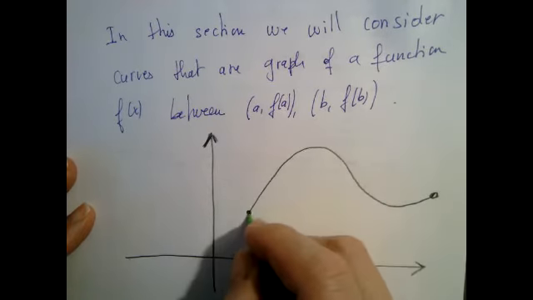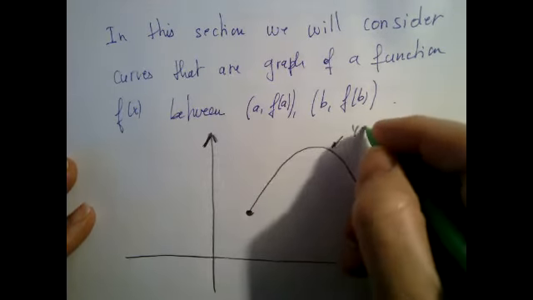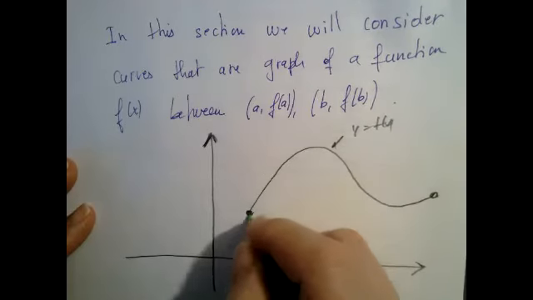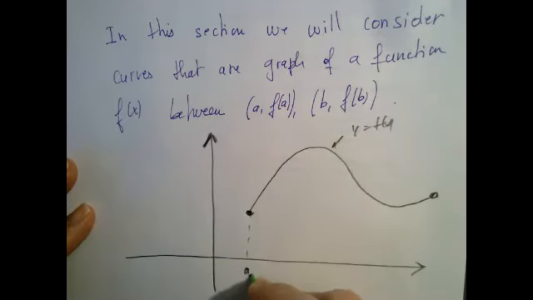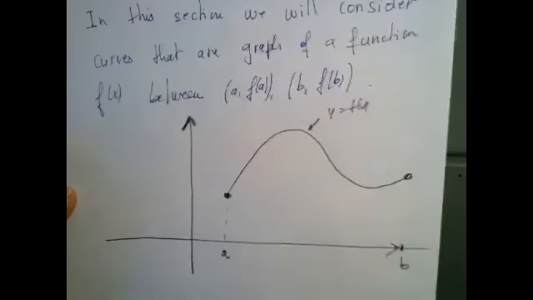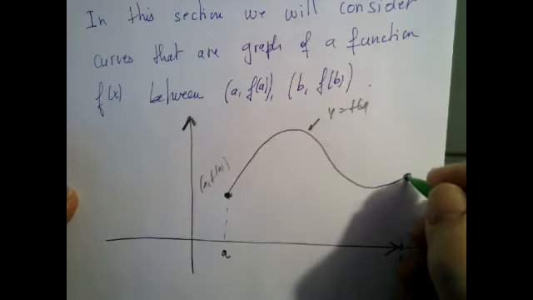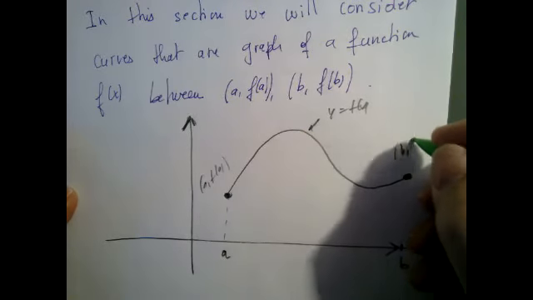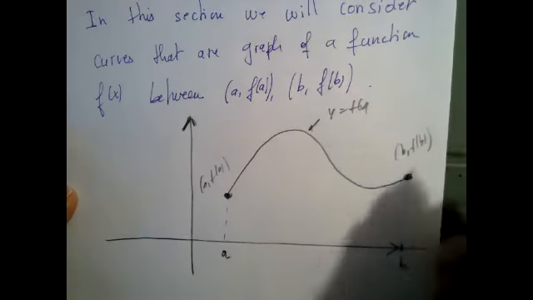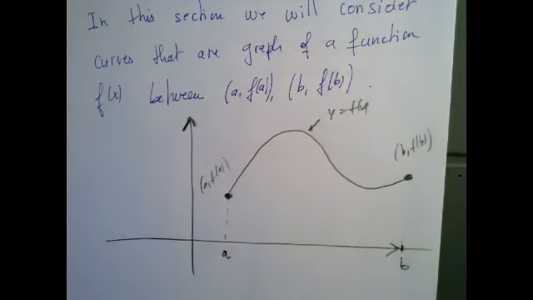So that's my graph, y equal f of x. And this is my point, A. And this is the point, B. So this point right here, that's A f of A. And the point here is B f of B. Okay. And the question is how I'm going to find the length of this curve.